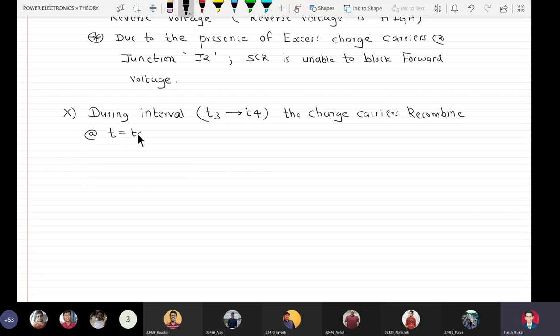At t equal to t4, recombination is complete.